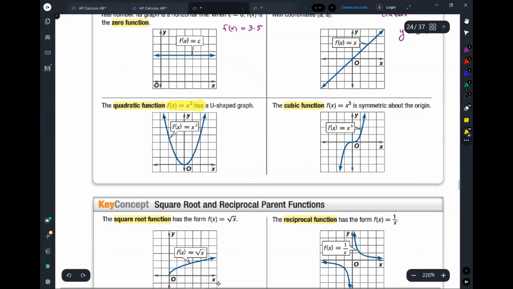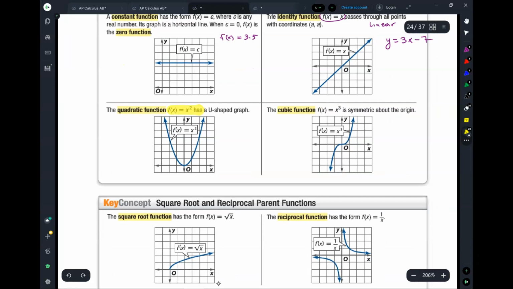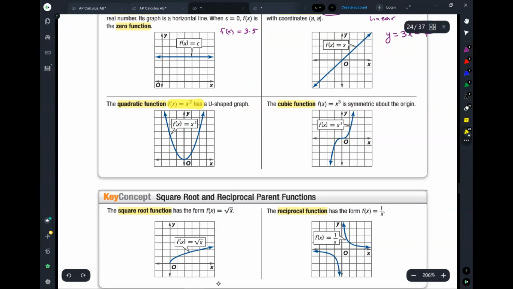Next up, we're going to talk about the quadratic functions. F of x equals x squared is the parent function of the quadratic functions. Their graphs look like a parabola. What I want you to remember about this is, is this an even or an odd function? F of x equals x squared, huh? It is an even function, right?